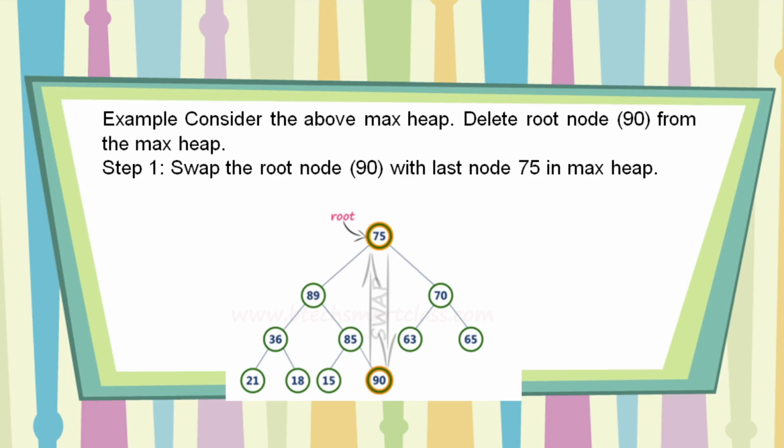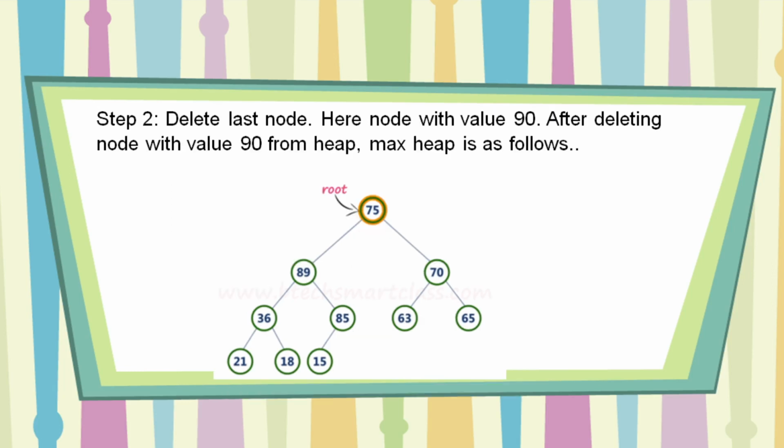Before removing it, we have to interchange it with the last leaf node, that is value 75. Now we interchange 75 and 90. Remove 90. After removing the 90, the tree structure is like this.